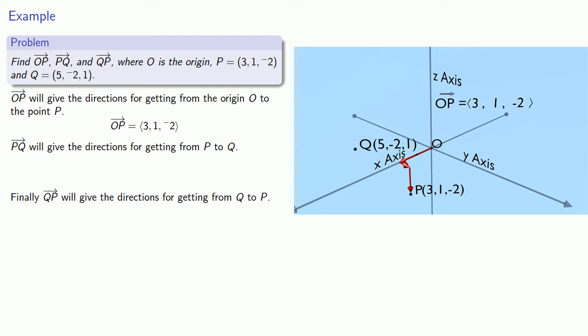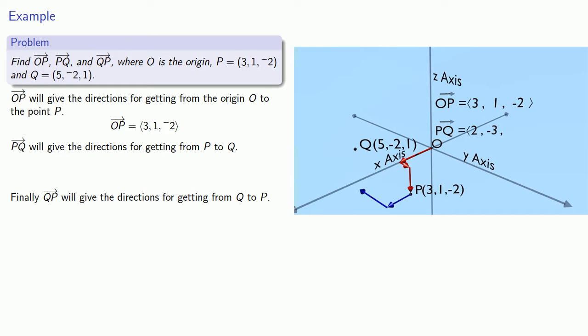What about the vector PQ? If we compare the coordinates, we see that P has x-coordinate 3, while Q has x-coordinate 5, which means that if we want to get to Q, we have to go 2 units farther out parallel to the x-axis. Next, P has y-coordinate 1, while Q has y-coordinate -2, which means we're going to have to decrease our y-coordinate by 3. We're going to have to go -3 units parallel to the y-axis.